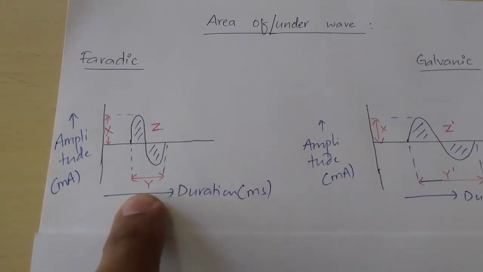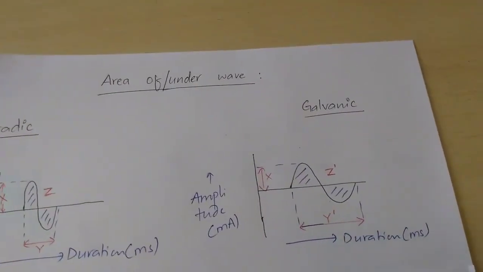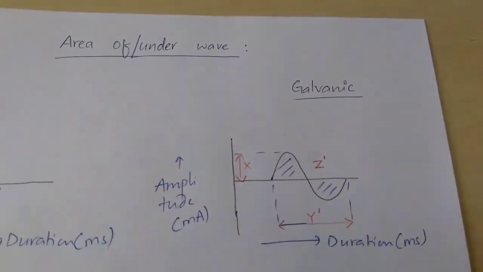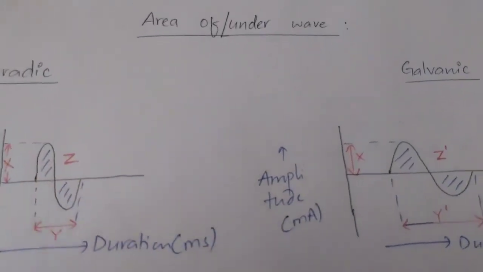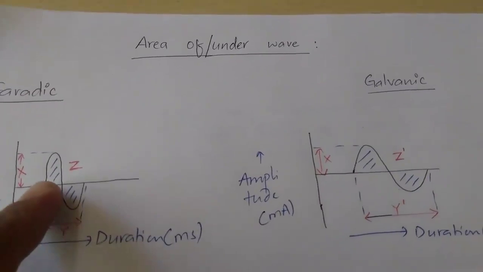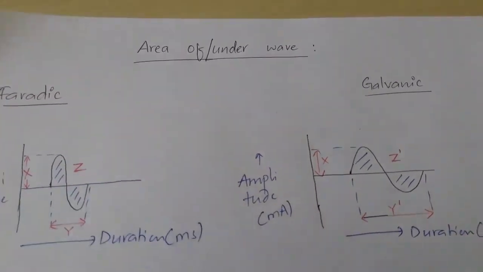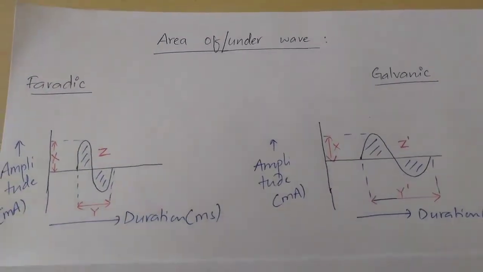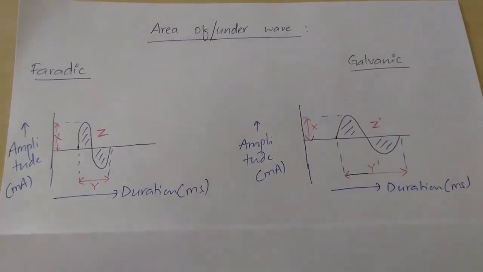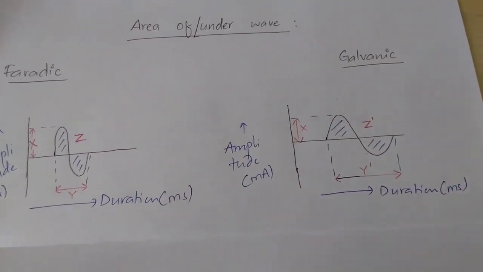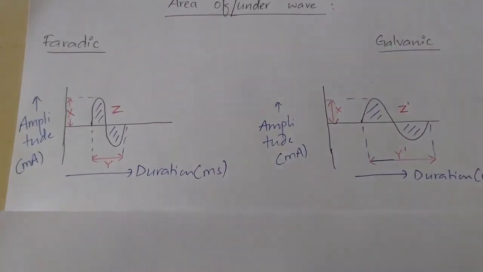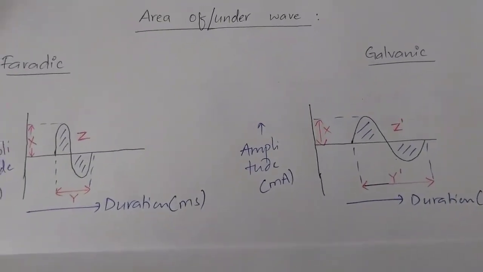Faradic current has a shorter pulse duration, whereas galvanic, as we know, is the longer duration current. Now what is the significance of area under the curve? It is the area under the curve which denotes the amount of charge that actually gets transferred to the tissues and stimulates the underlying tissues.